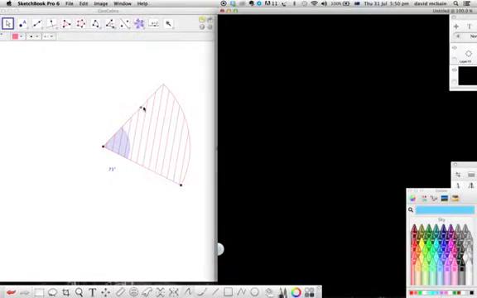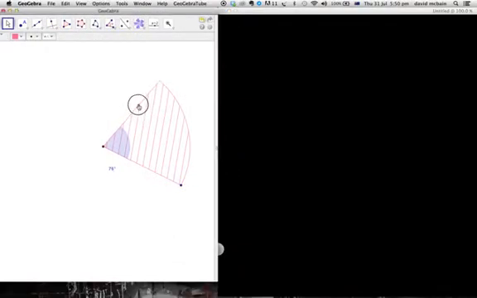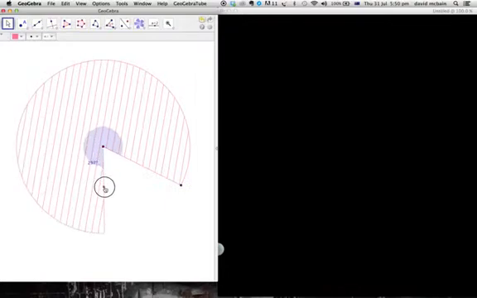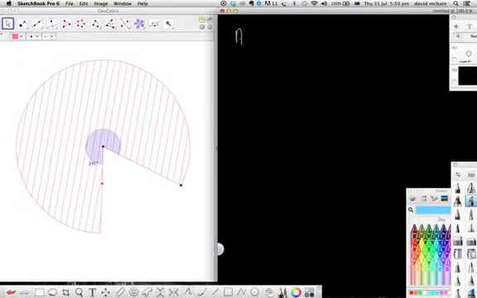Okay, let's say this time, in our next example, we've now got a sector like this. And we want to work out the area of this sector. So the area of this sector is going to be the fraction of the sector we've got. Now let's look at the fraction. Out of a possible 360 degrees, we've got 295 of those degrees.